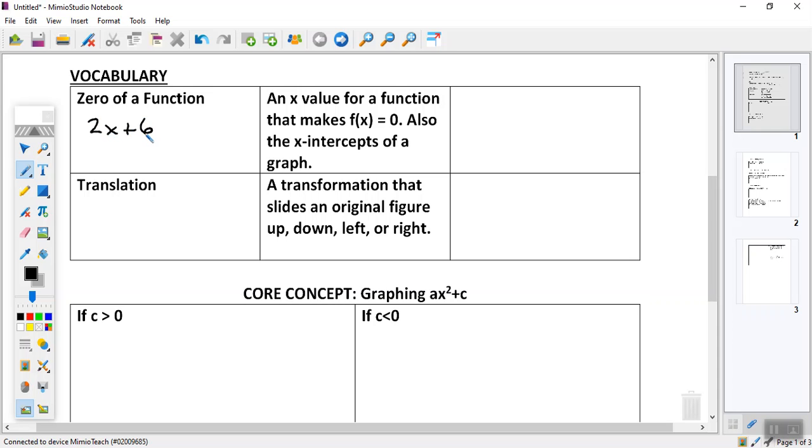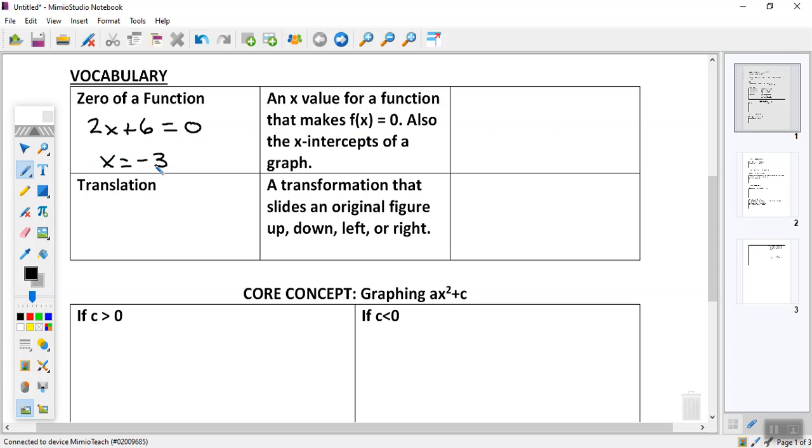If I wanted the zero of this, I would set the function equal to 0. If I solve this, what would make it equal to 0? Negative 3. So the zero here would be x equals negative 3. A zero just simply means solve the equation.